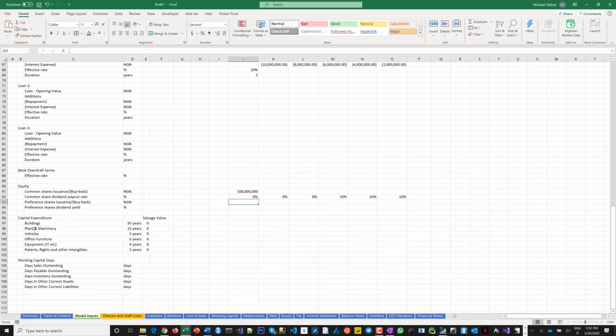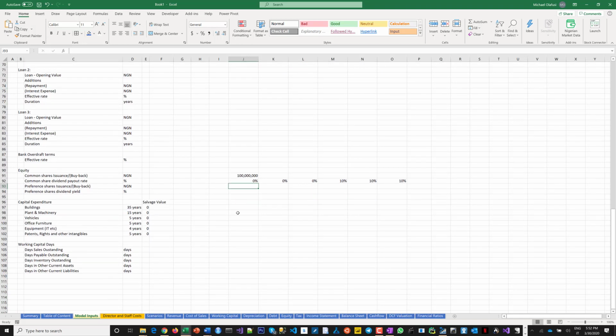And as per capital expenditure, say for setup they had to acquire a building worth 30 million naira.